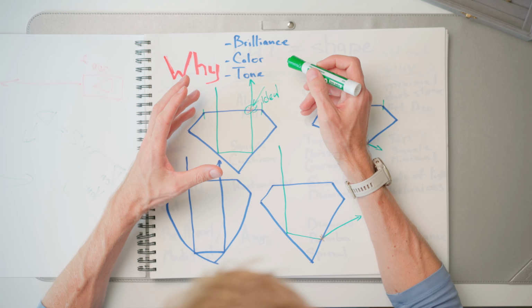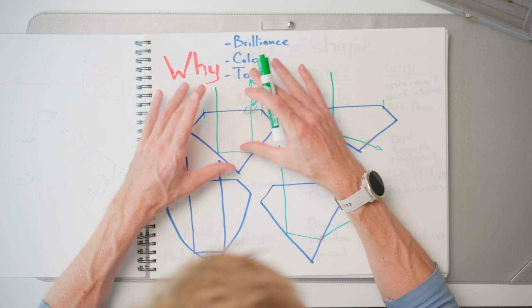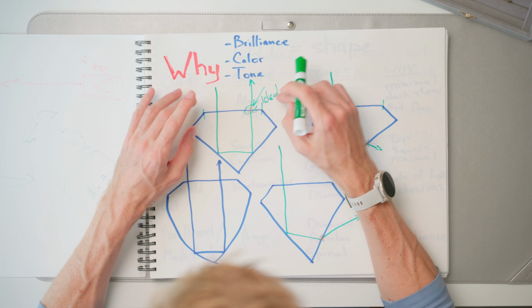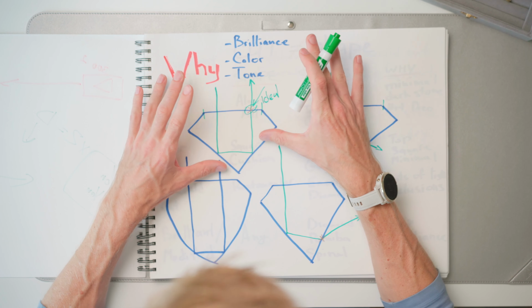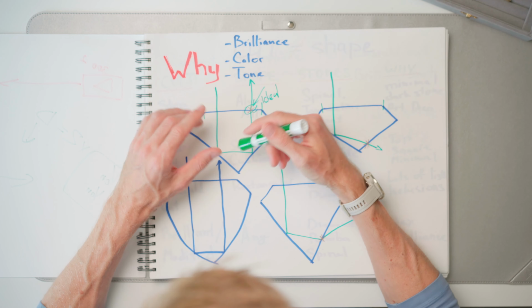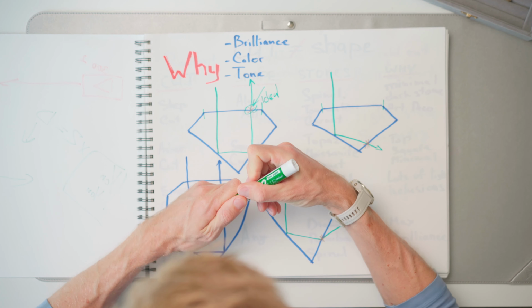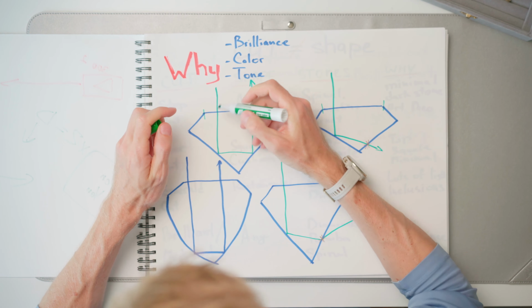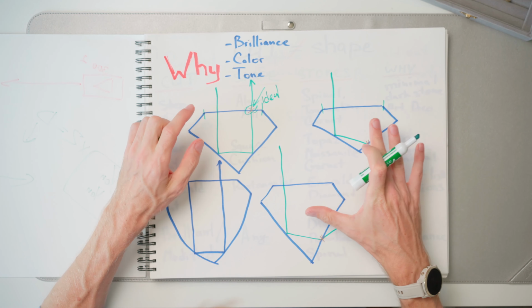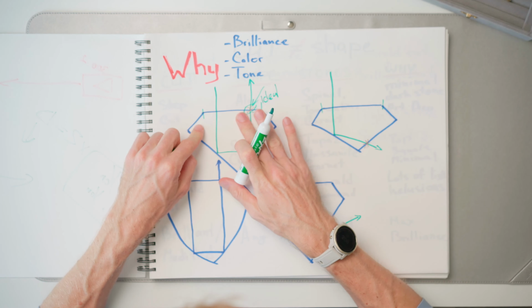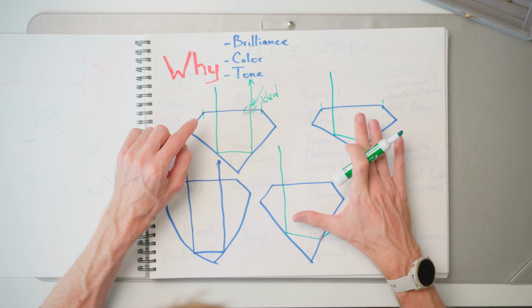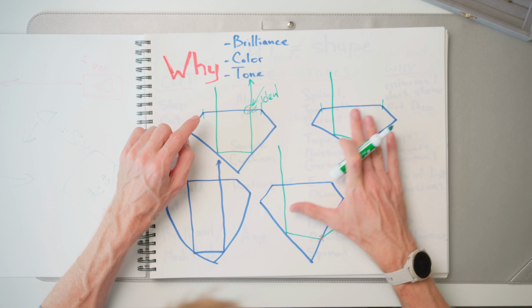Brilliance is basically the sparks right on the top of the stone, and here's why the cut affects it a lot. When the light goes into the stone, let's imagine three different types of cut. We're talking about the ideal cut over here and not ideal cuts on this side.